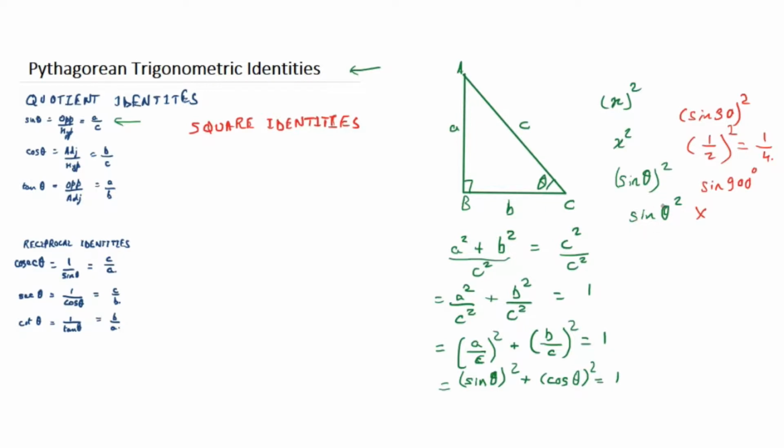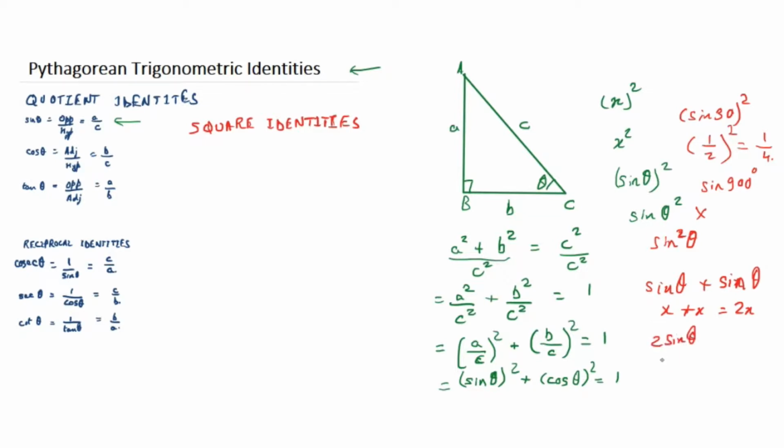So remember, it's always the ratio that is squared, not the angle, and that is why we write it in a different way, as sine square theta. In the same way, just as x plus x is equal to 2x, sine theta plus sine theta gives me 2 sine theta.